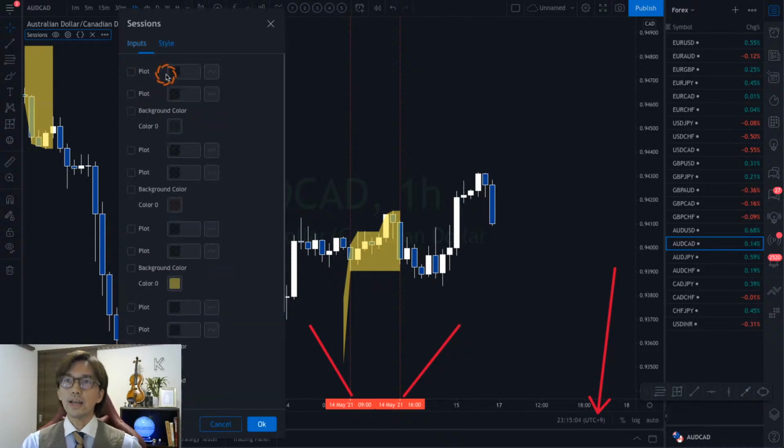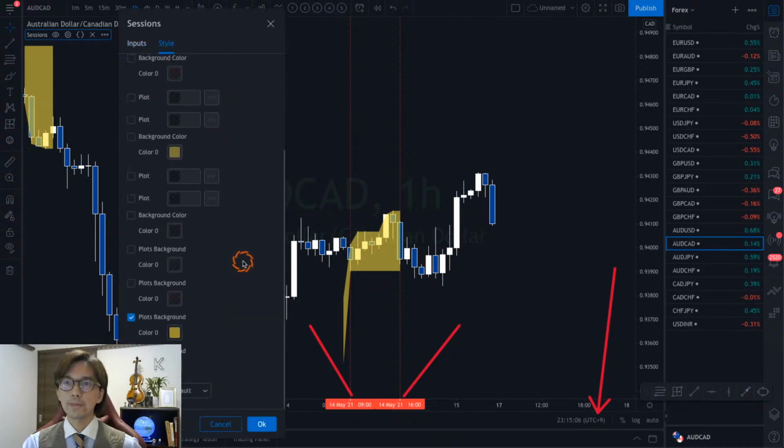And in terms of the style, I only enable this Asian session. I think it's here, this is the Asian session. I only enable the Asian session background, and I make the color yellow but a bit transparent so that you can see the whole candles.